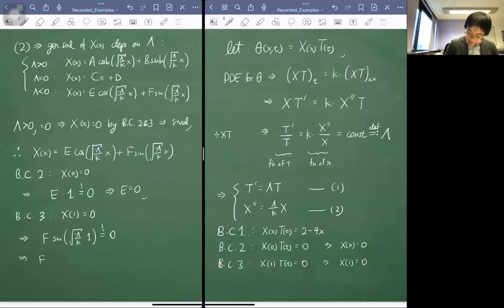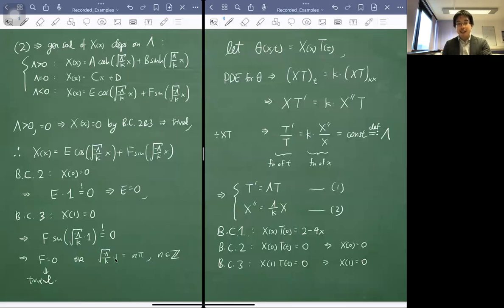So either F is 0 or the argument should equal integer multiples of pi. Of course, F equals 0 gives you trivial solutions for X, which means trivial solutions for theta, which is not good. We want non-trivial solutions for this PDE. So we are just left with this.